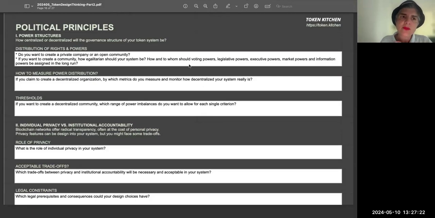Okay, so back to power structures. Here, the most important question is the distribution of rights and power in your network. The first question here is, do you want to create a private company, like a Web2 based company, where you as the founder and the people working in your company decide about the rules of the token system you're building?